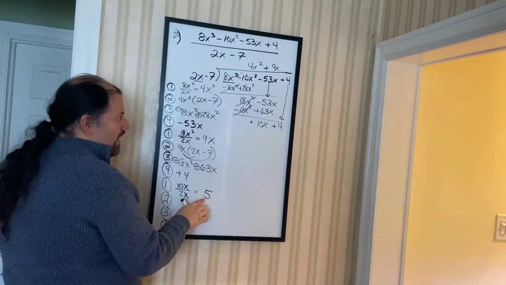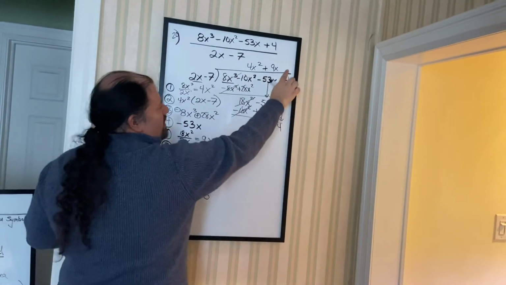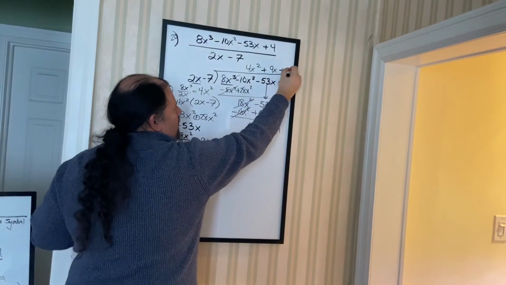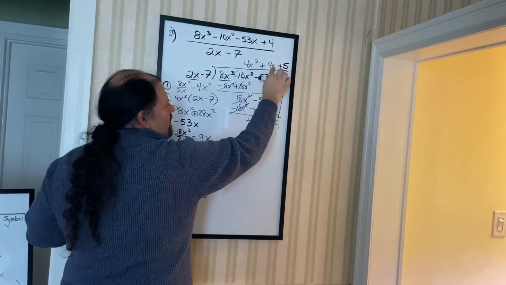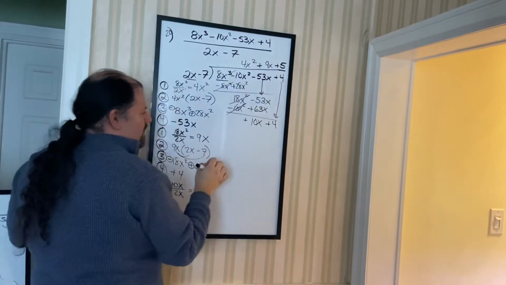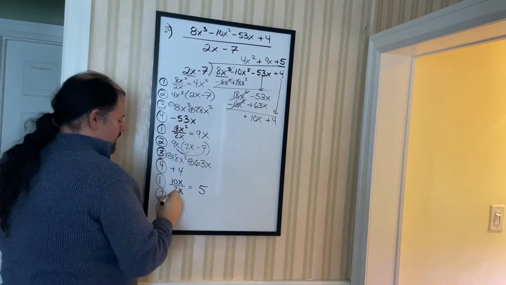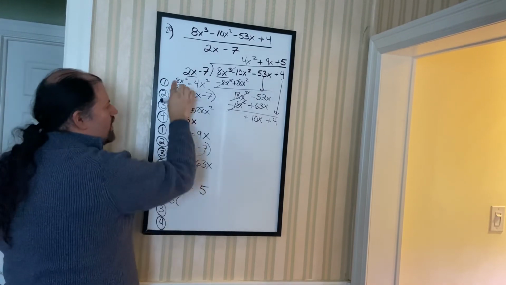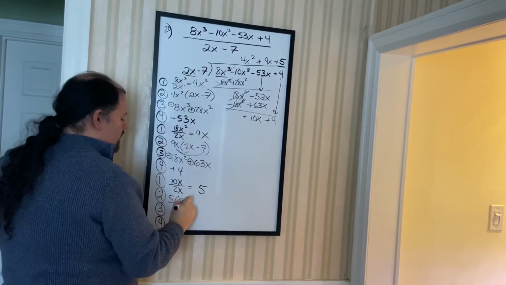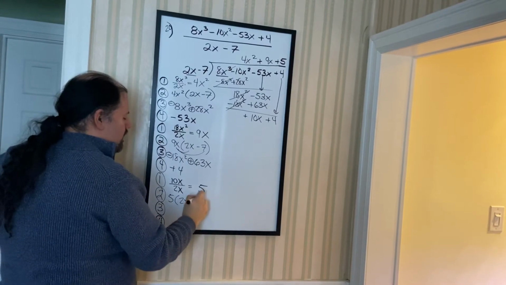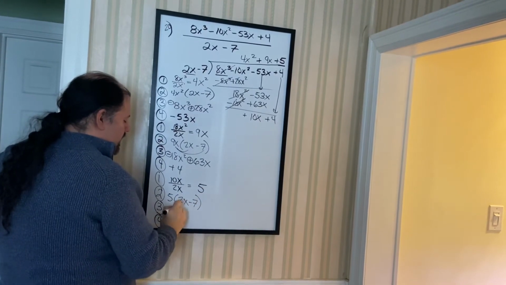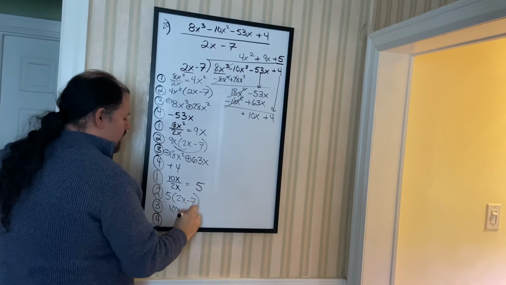Now because it's a positive 5, make sure that we put this as a plus 5 so that you can separate round 1, round 2, now round 3's answer. Take the 5 and multiply by the entire 2x minus 7. When we distribute, we'll get 10x minus 35.